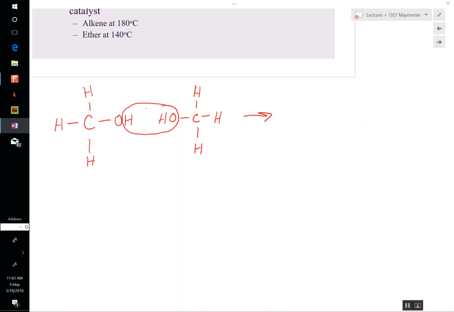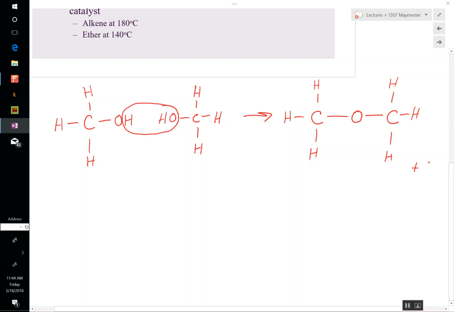And if I took that water out there, hopefully you can see this. There's our oxygen. It's going to now be attached to the carbon of the other alcohol. Plus, we remove the water molecule.